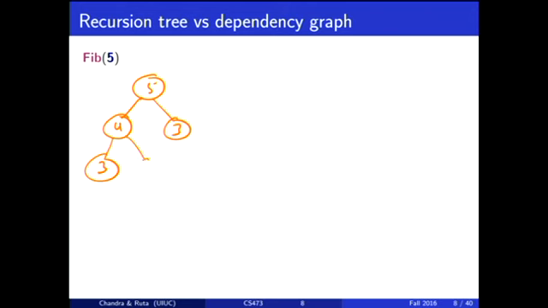And 3 is going to call 2 and 1, and 3 again is going to call 2 and 1. You can see here that we are repeating work. So 2 is here, here, here, 3 is here, 1 will occur many times and so on. So for every recursion, you can create this recursion tree.